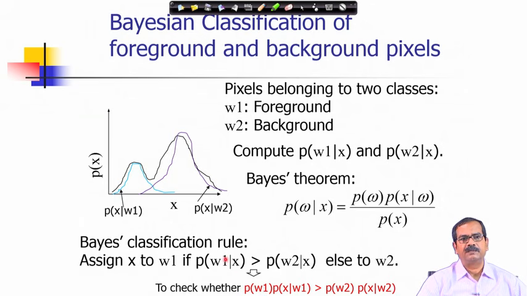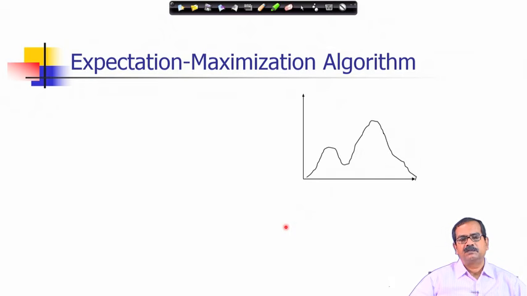This is proportional to these values, and given a particular x, P of x is already given by the data itself. Let us see how these computations can be carried out. There is an algorithm by which we determine these thresholds, called the expectation maximization algorithm. Let me explain this algorithm here.